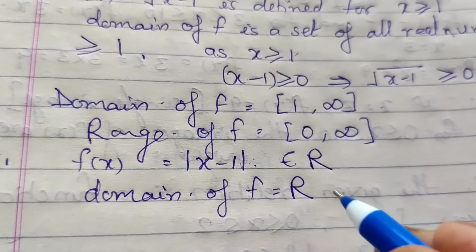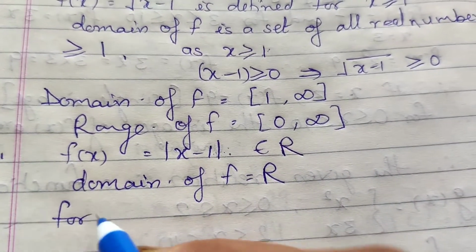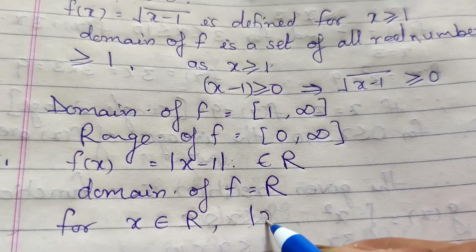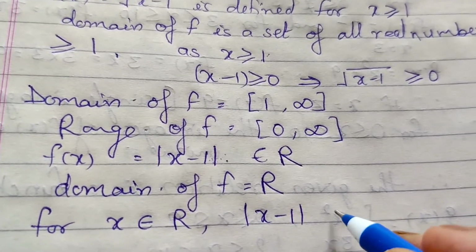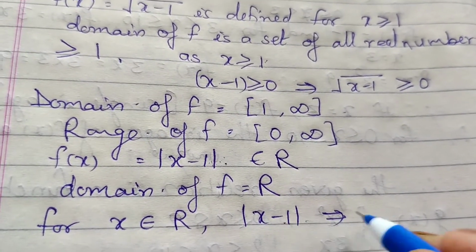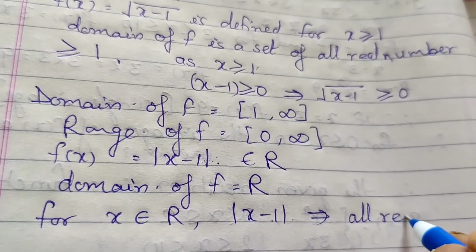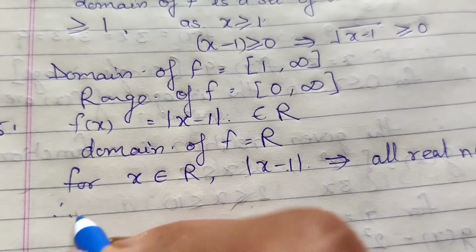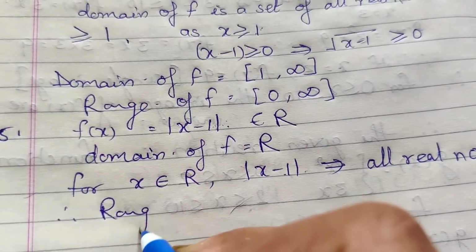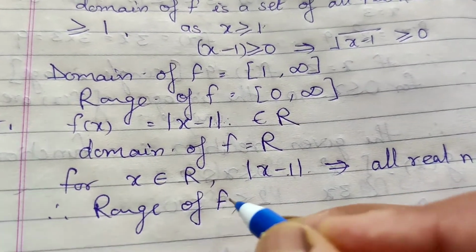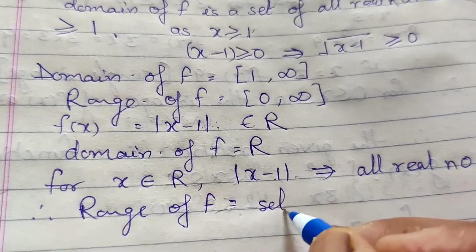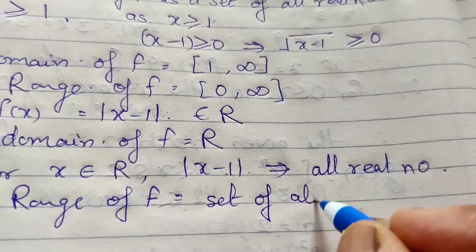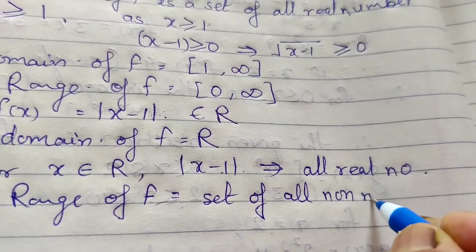Okay. Now for x belonging to the real numbers, x minus 1 assumes all real numbers. Therefore mod x minus 1 is on all real numbers. Therefore the range of the function is the set of all non-negative real numbers.